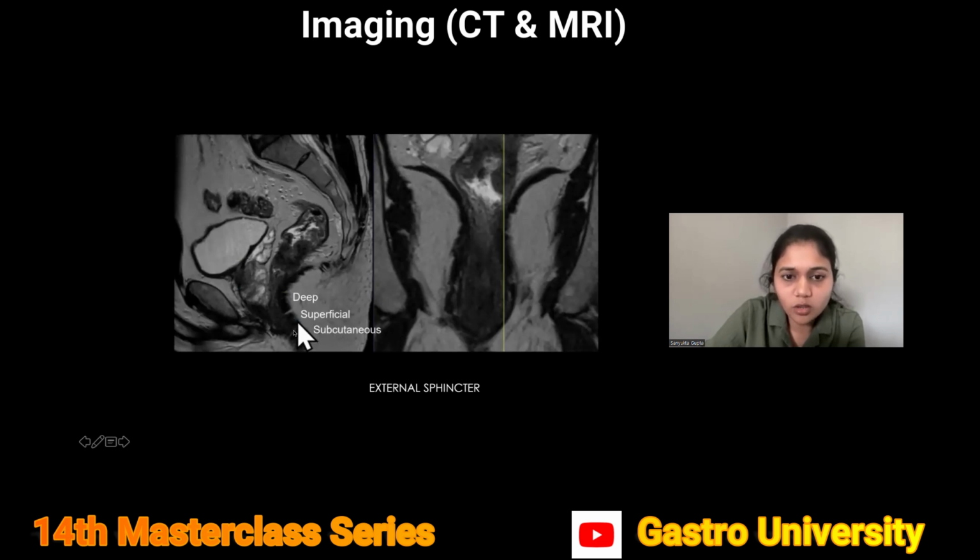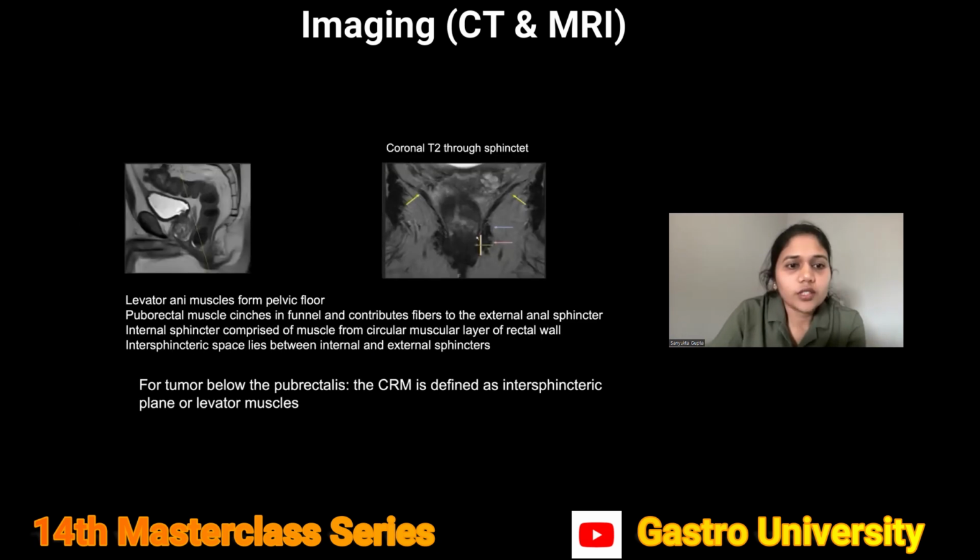In colonoscopy, there might be a few discrepancies in the level of the tumor from the anal verge between the gastroenterologist and the MRI specialist, because we take the tumor distance from the subcutaneous part of the external sphincter.